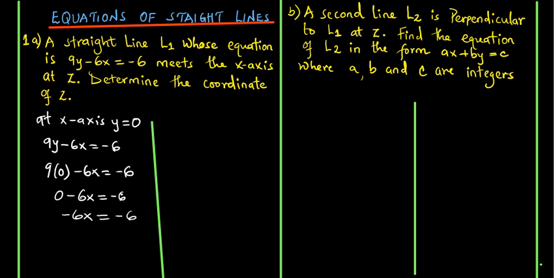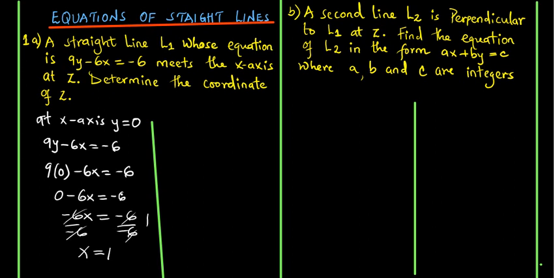To find the value of x, we divide both sides by -6. -6 will cancel out to have the value of x as +1. The value of y was already 0.